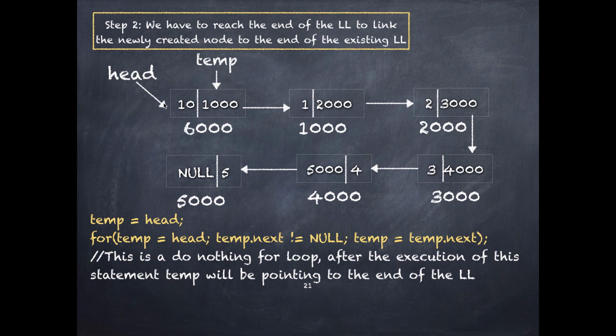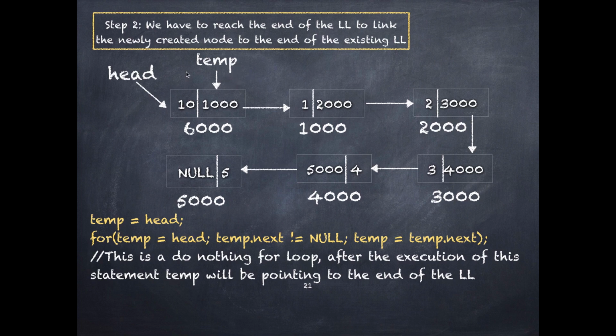So what we are trying to do here is create another pointer, a temporary pointer, as a backup. Now this temporary pointer is moved to reach the last node in the linked list. The head pointer is not moved. So you can see here temp is equal to head, that means I am pointing temp also to the first node.